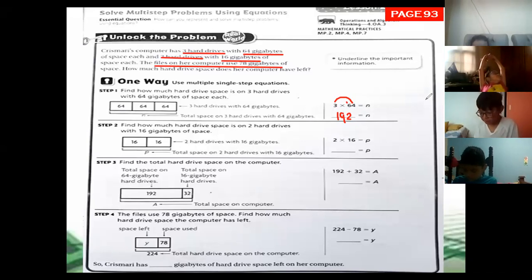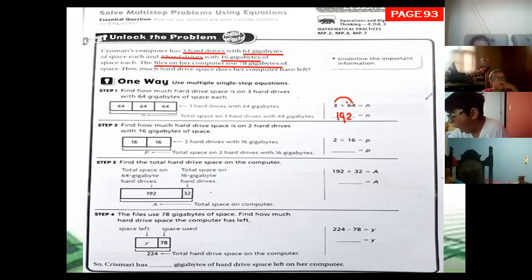Find how much hard drive space is on 2 hard drives with 16 gigabytes of space each.